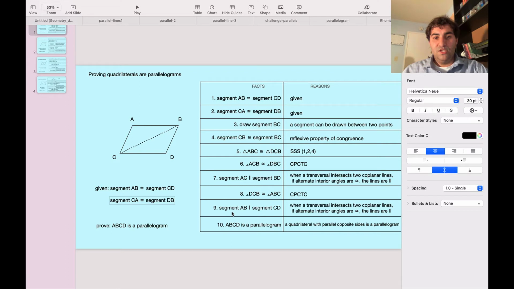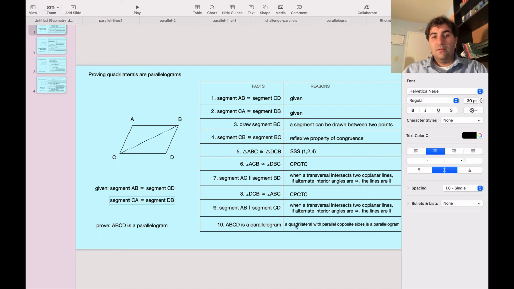So we showed that DCB, so this angle here, is congruent to angle ABC, right? So if we take BC as the transversal, we see that these are on either side of the transversal, right? And they're in the interior region bounded by lines AB and CD.